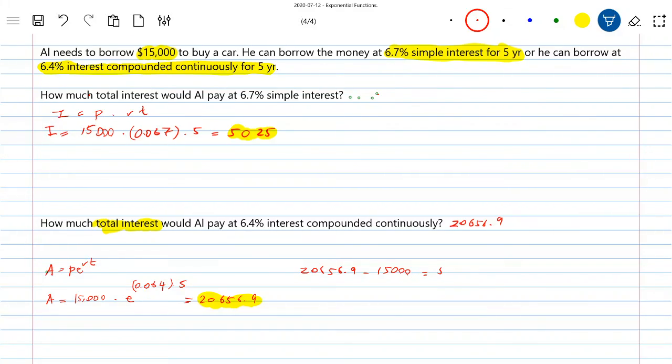You'll get 5,656.9. This is the amount of interest that you're paying on that $15,000 loan for 6.4% interest rate compounded. So which case is the best?